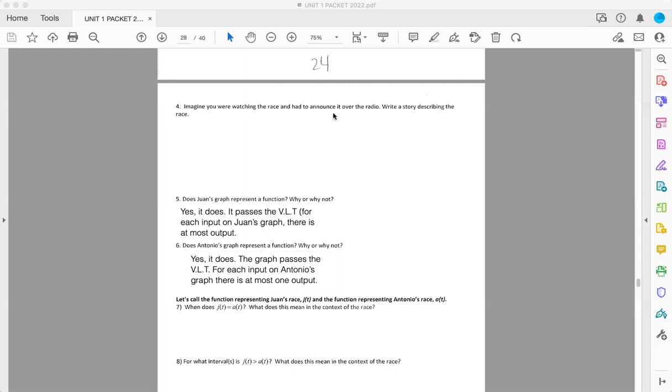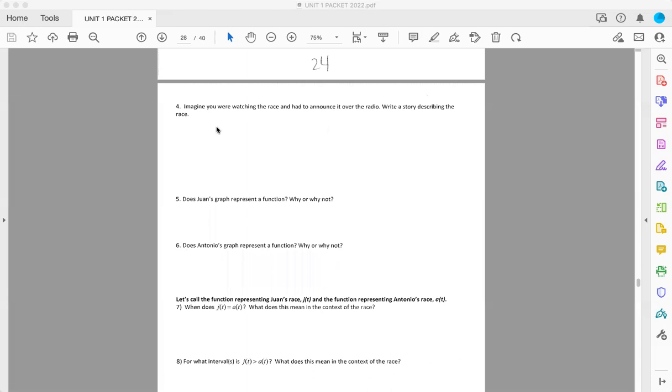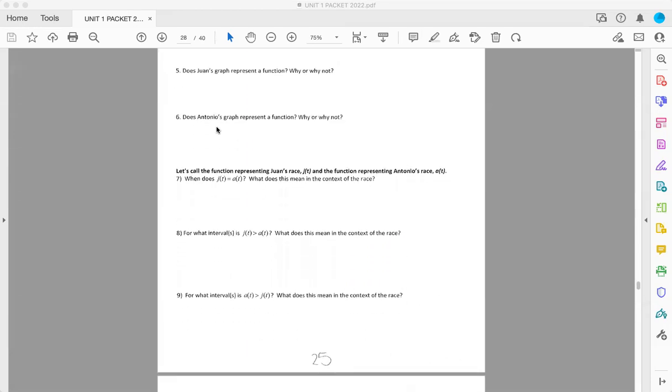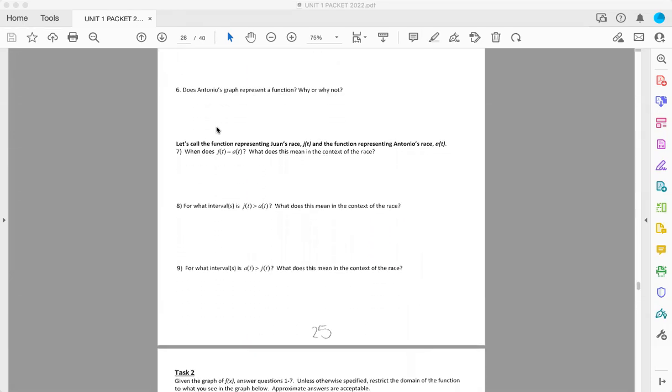Then let's move on to the next part. Number 7. Again, you can feel free to pause, right? Number 7 says, let's call the function representing Juan's race J of t, J for Juan, and the function representing Antonio's race A of t for Antonio. What does J of t equal? So remember, J of t, A of t, all these, like f of x, are y values.